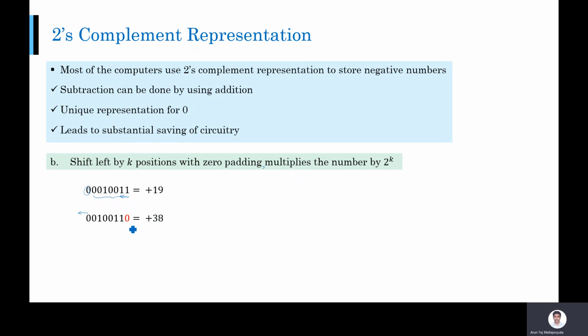So what is this new number? Look at its value. It will be 2, 4, 32, right? Which is equal to 38. So when you shifted the number by 1 position, what happened to the value? It has become equal to 2 power 1 into 19, right?